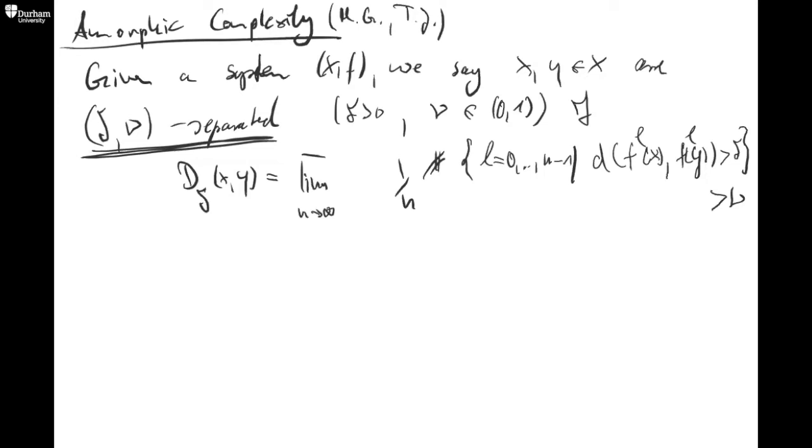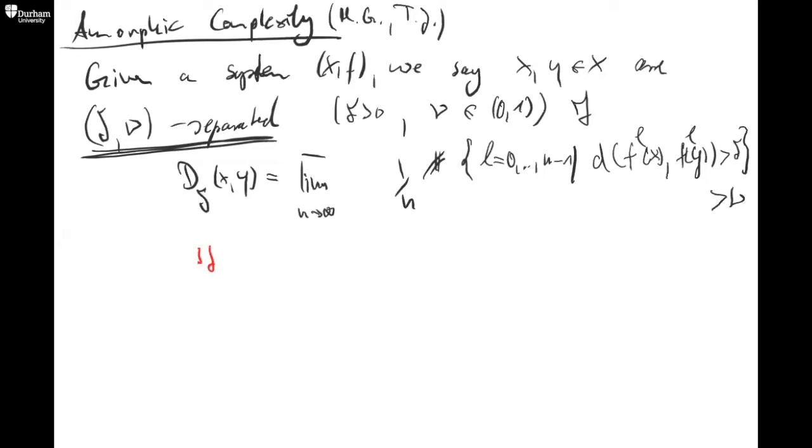Unfortunately, this is usually not the case, but if our space X is a subshift, then in fact, this is a pseudometric. So this is important, so I will put it here.